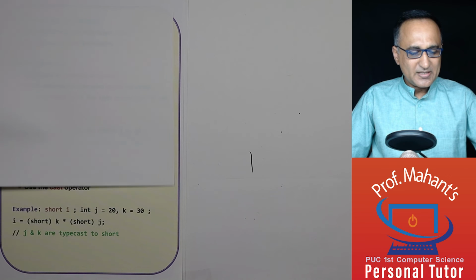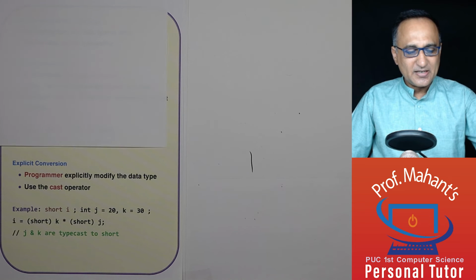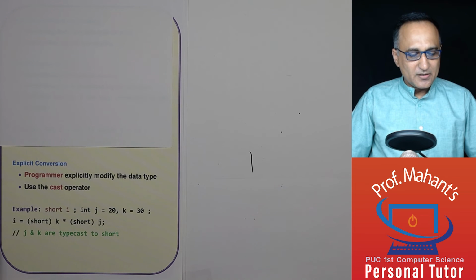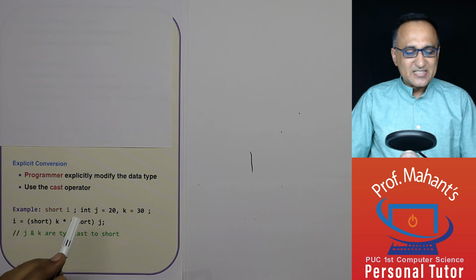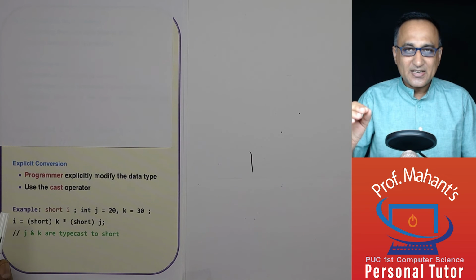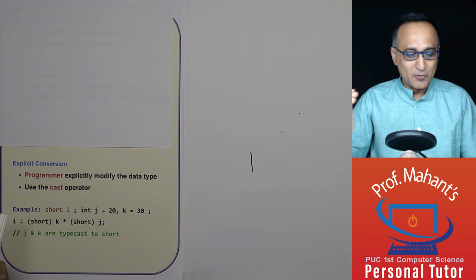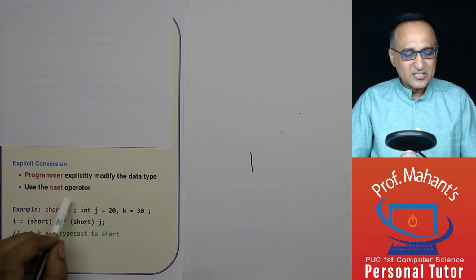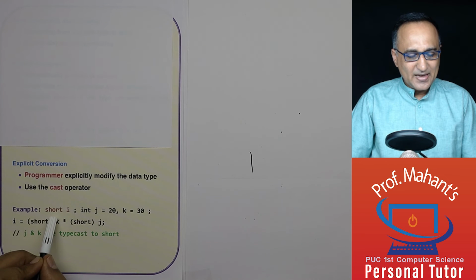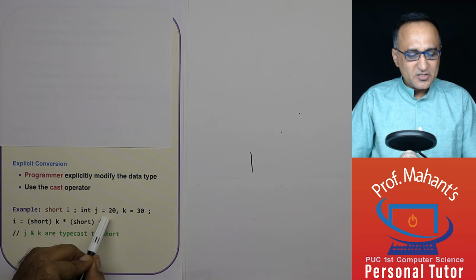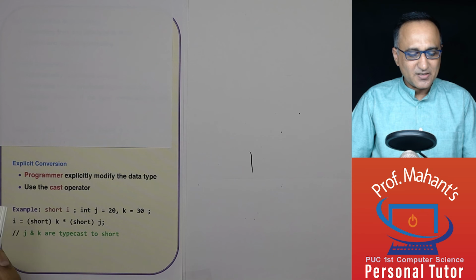Now let's take a look at what is explicit conversion. Here, the programmer instructs or forces the conversion from a lower data type to a higher, or from an even higher to a lower, both ways, by using the cast operator. Let us say I have short I, int j is equal to 20, k is 30.